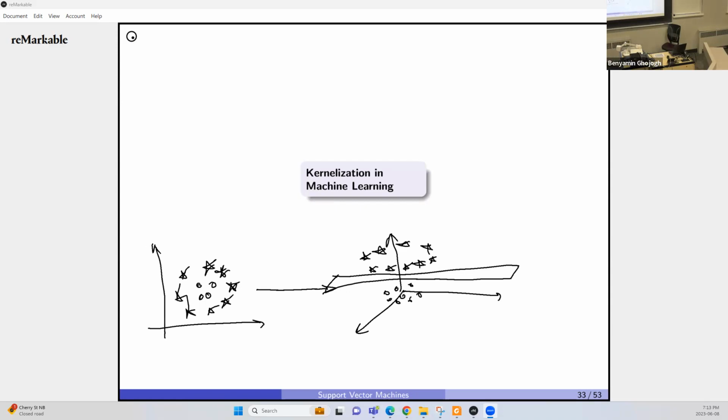Now we want to talk about kernelization in machine learning, which is using kernel SVM. It was almost at the end of the 20th century when Vapnik and his team said, what if the classes are completely nonlinear, like this, and we can't use even soft margin SVM for it? They wanted to propose a variation of SVM to handle it.